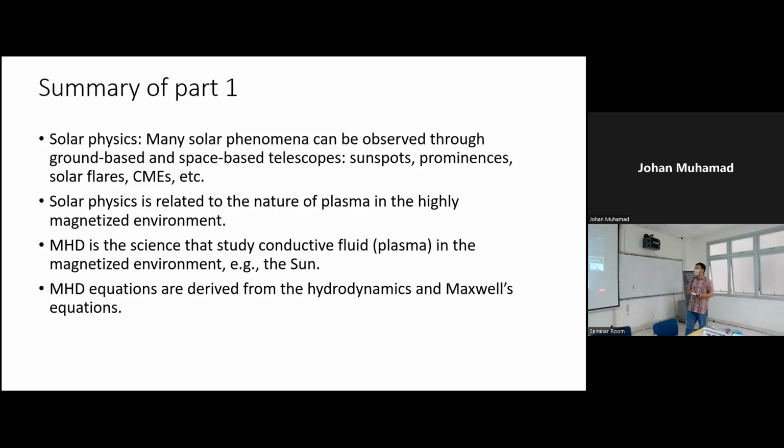So some CMEs go in a different direction, and maybe we just get the very edge of the CME, so it's not very strong. But if the CME is very strong, and the direction is exactly toward the spacecraft, then some spacecraft can get lost.